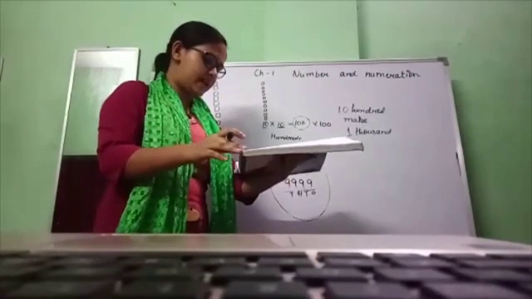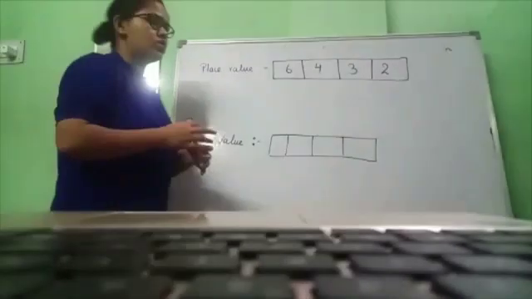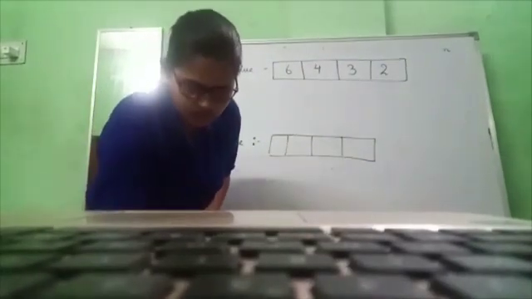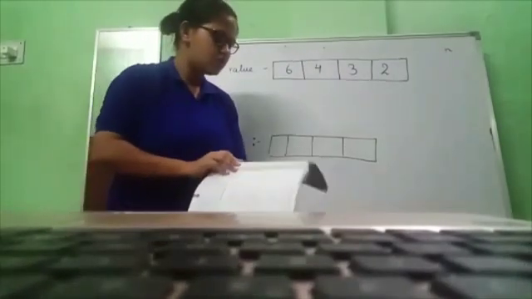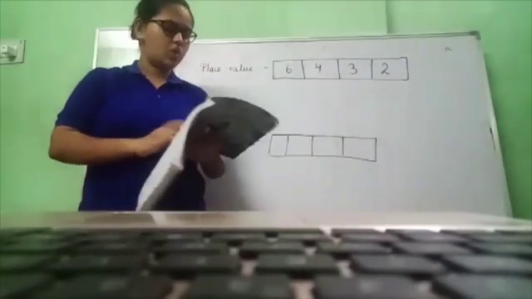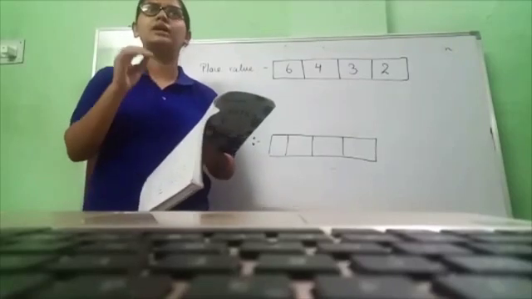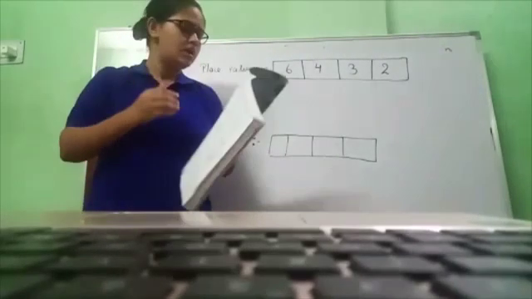okay, we have done page number 6, students. So you can see page number 8. There are missing numbers. In the missing numbers, there is one rule you should know about counting. Counting like 1000, right?